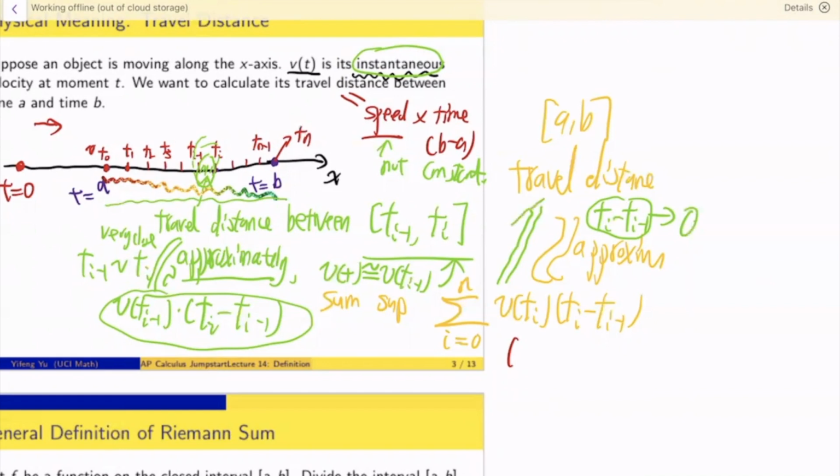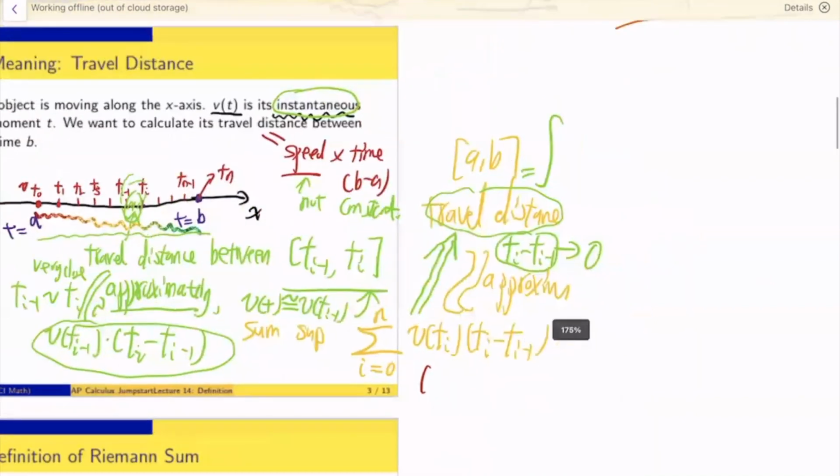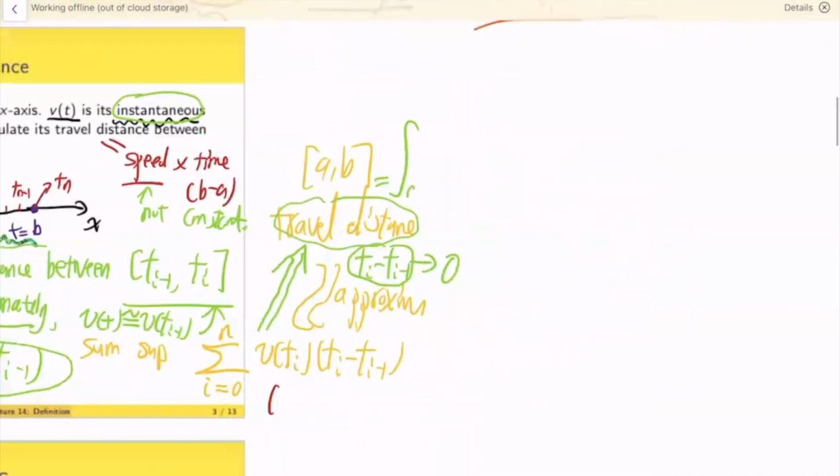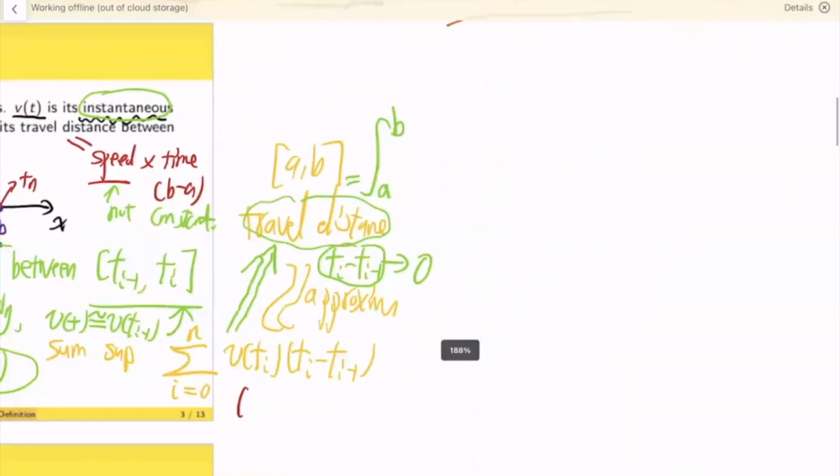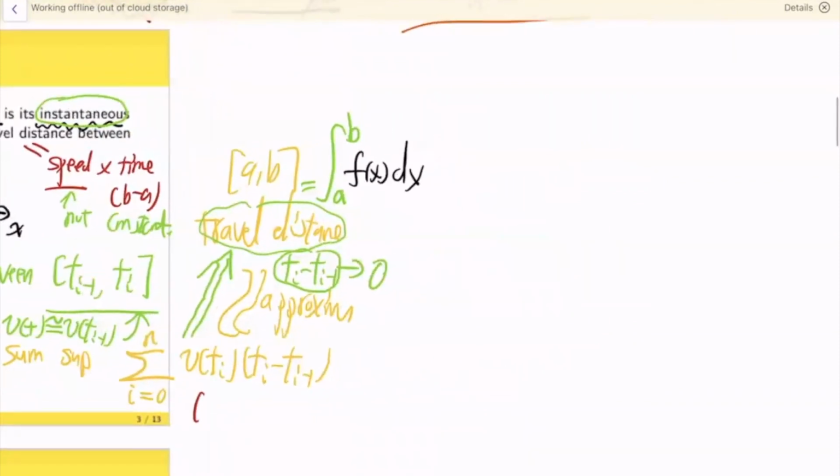We expect this sum will converge to the travel distance. Again, we express this as the integration from A to B, f(x) dx.